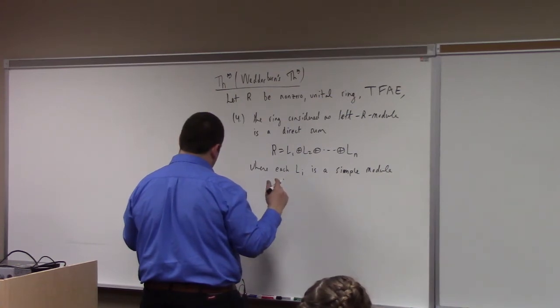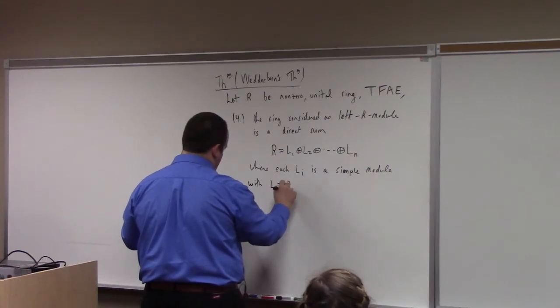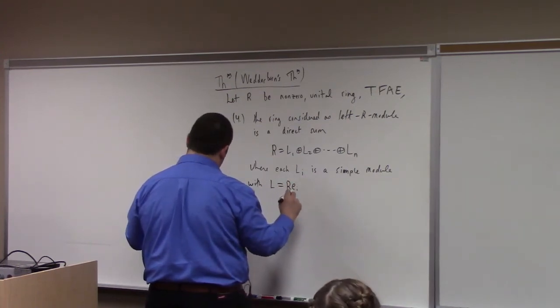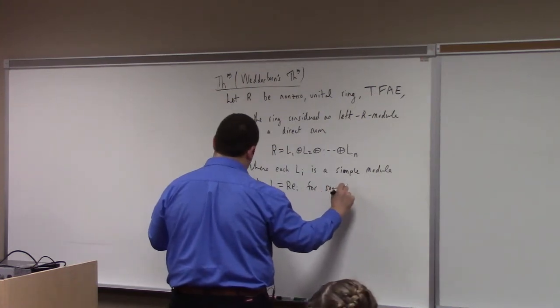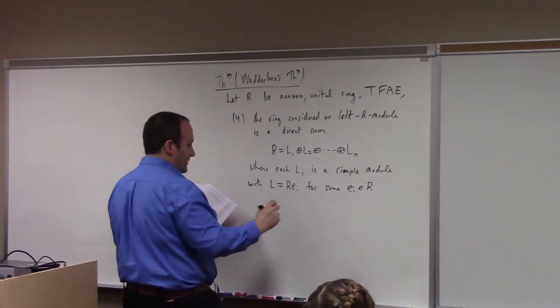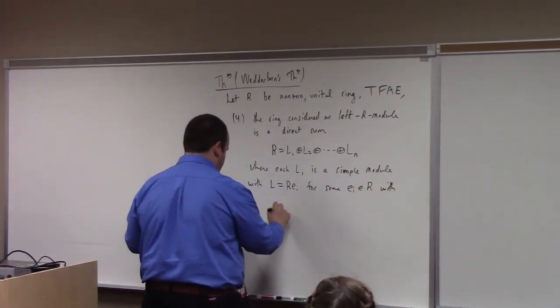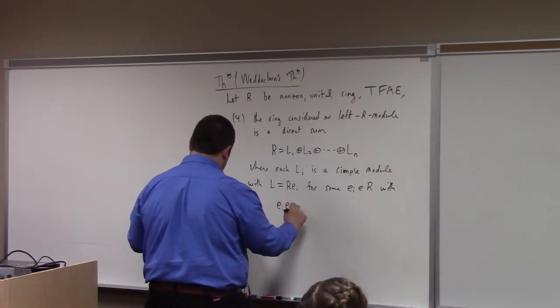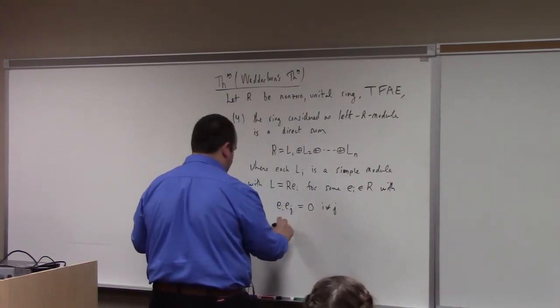It's a simple left ideal with Li equal to R ei for some ei in R. I don't really care about all these details, ei, ej. This is really not the one I want. He must have a corollary, which is what I think of as being the theorem.